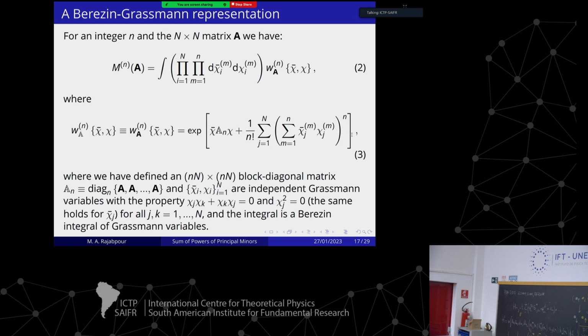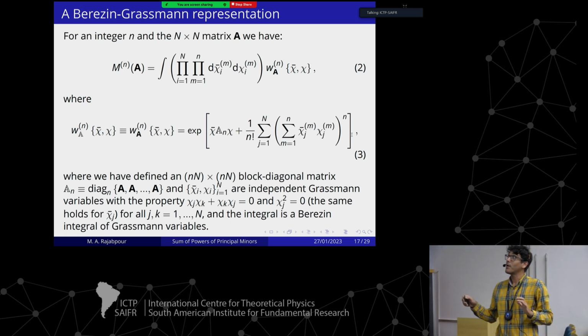You can show this by directly expanding this weight, and then seeing that term by term, each one of them is going to be principal minors power n. Of course, here I'm really working with the integer n, so I have no idea what to do with the non-integer real ones.